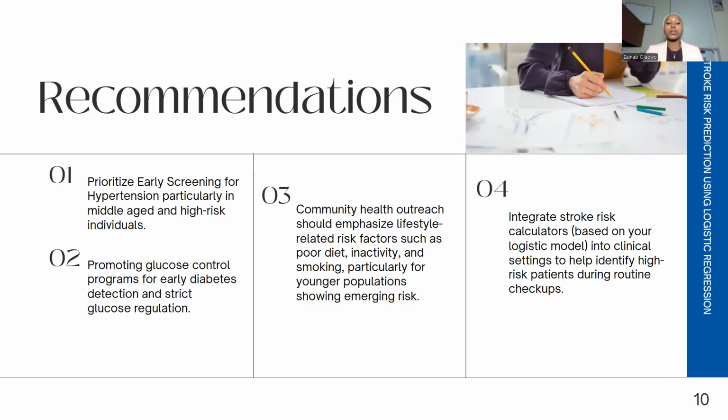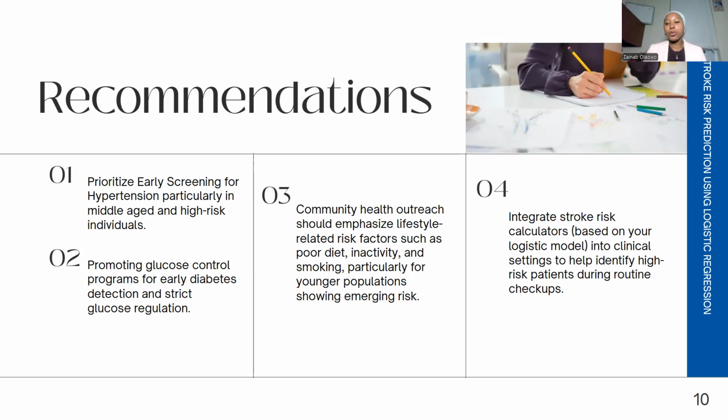So if we prioritize early screening for middle-aged individuals, people in their 40s, people in their late 30s, and make measuring their blood pressure a routine check, I feel like we'll be able to curb or prevent stroke for them generally.